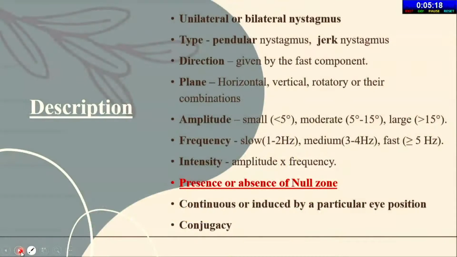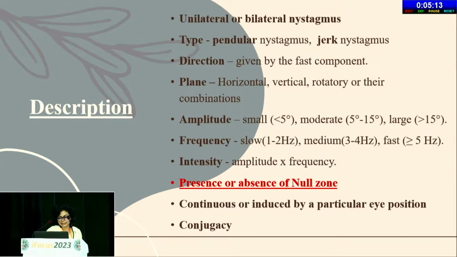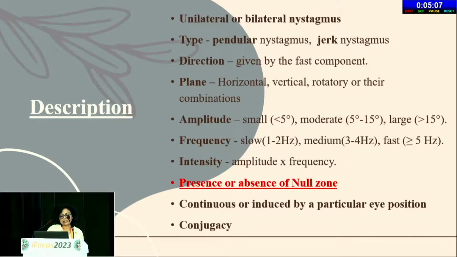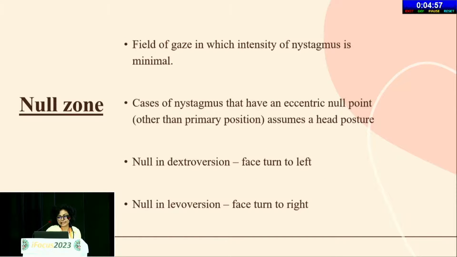We all know the definition, and conventionally there are many measures to describe the nystagmus, but especially I want you to notice the null zone. So what is the null zone? It is a field of gaze in which the intensity of nystagmus is minimal.